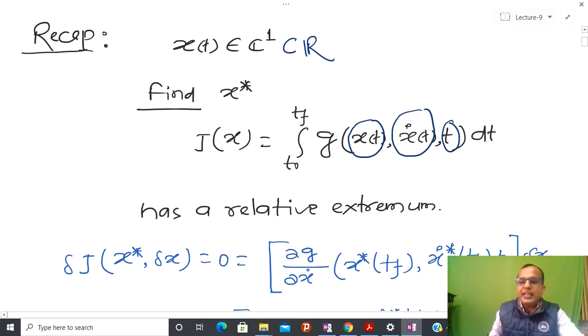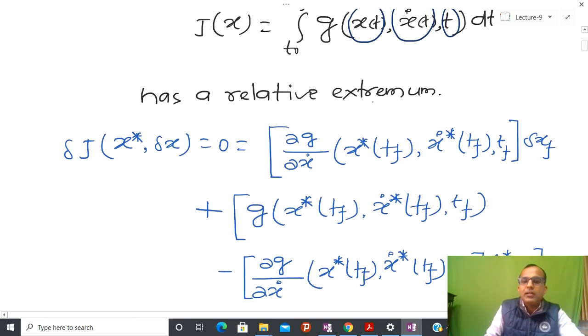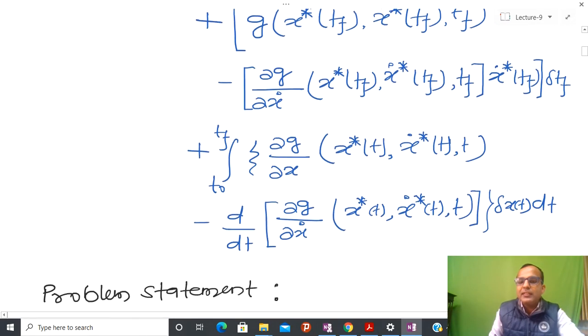How are we solving this problem? We calculate the increment, and after that we collect the variation, just the first-order terms. You can see the variation with respect to the end point, delta tf, and the coefficient associated with it, and then an integral which contains the variation with respect to delta x(t).